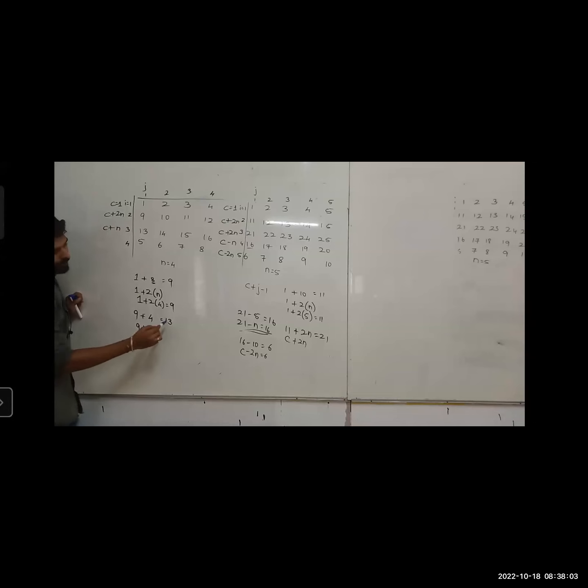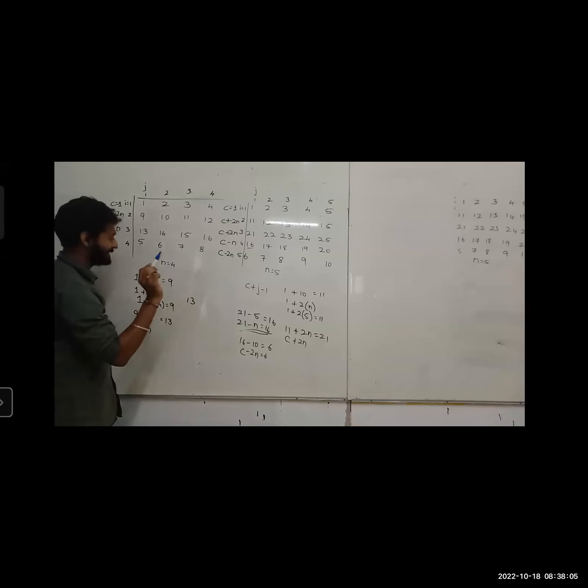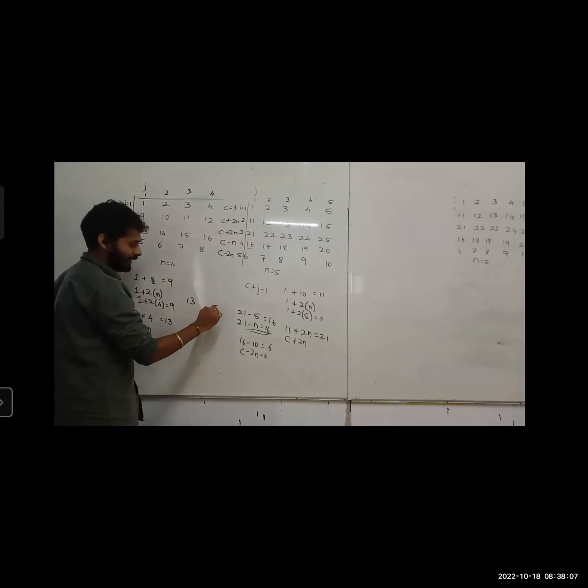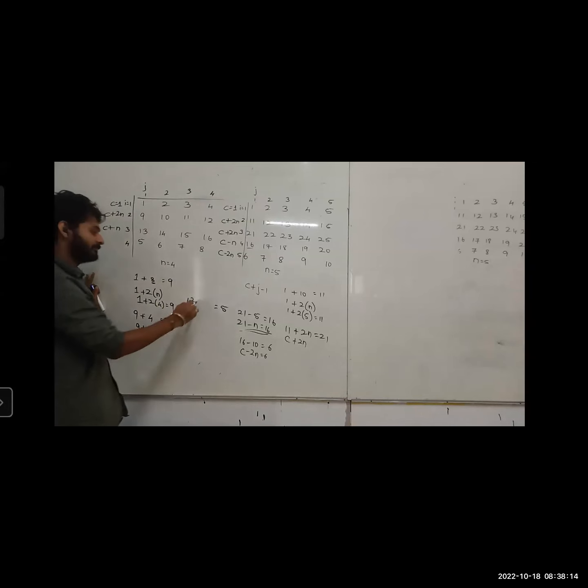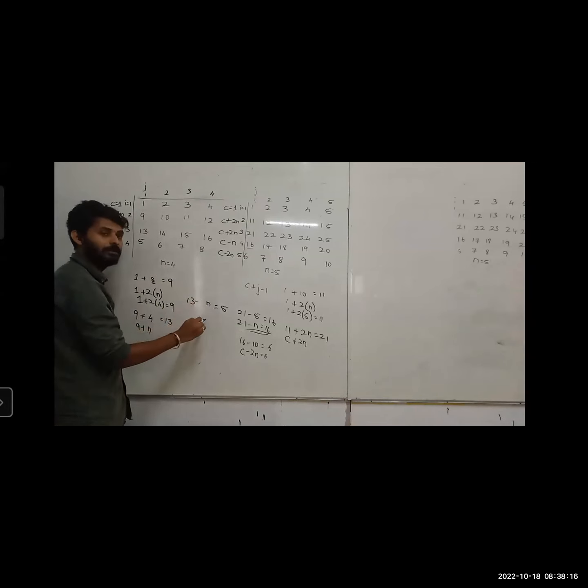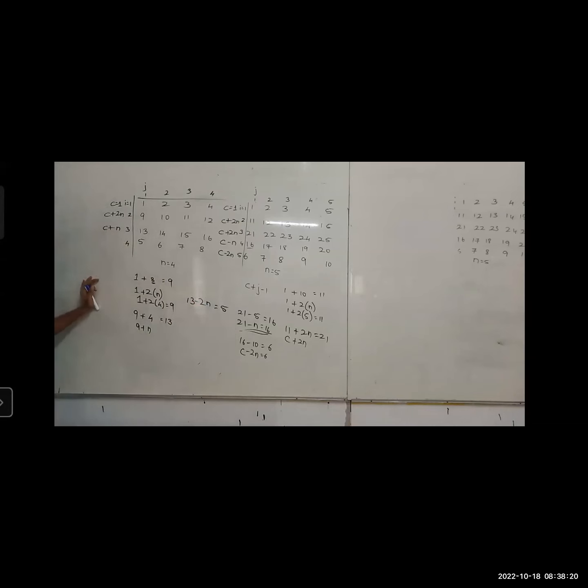Next, I am having 13. I want to get 5. Minus 2n, sorry. 4 twos are 8. 13 minus 8 is 5. Done. That's it.